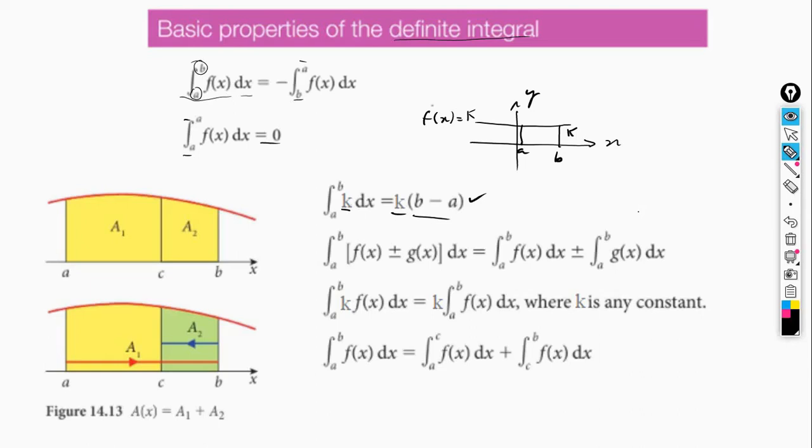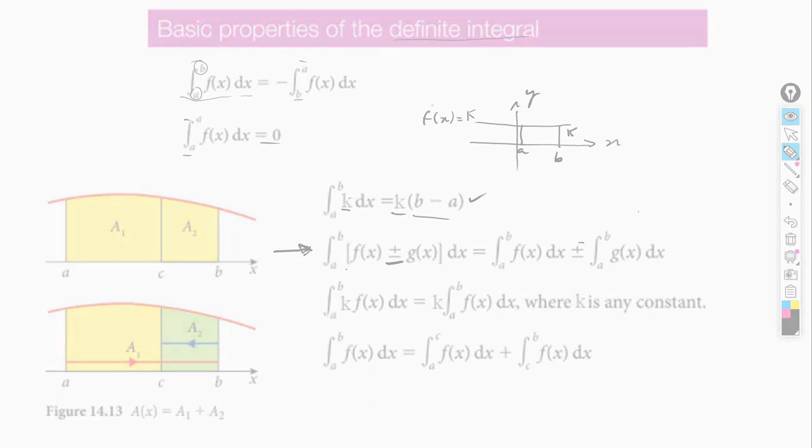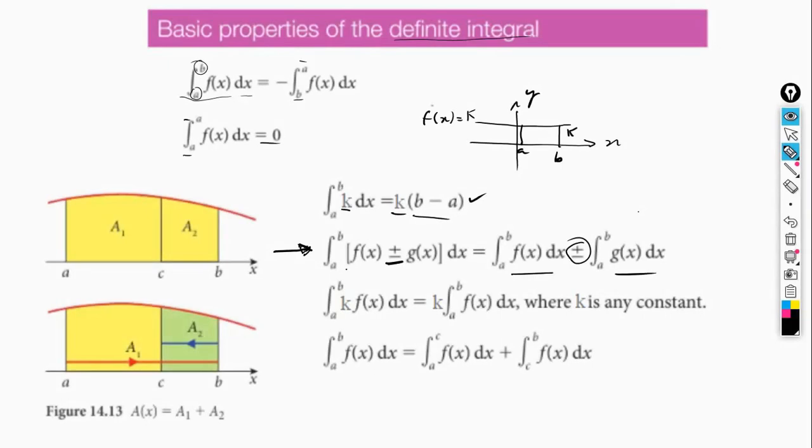The next property is the same property that I showed you guys with indefinite integrals. If you have the sum of two functions in an integral, you can separate it, right? The sum or the subtraction. Also, you have the case of a function where you have a constant. You can take that constant out of the integral and multiply the integral by that constant.